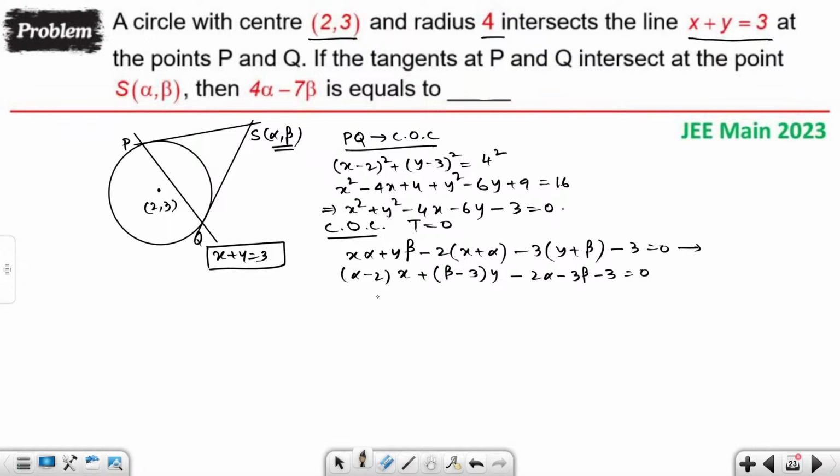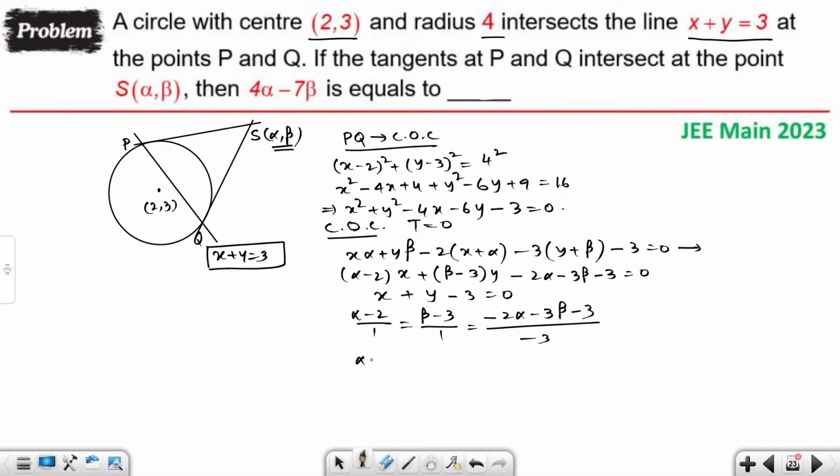Okay? So now let me compare this equation, because this is the chord of contact. At the same time, this is also the chord of contact. So let me compare the coefficients. We are having x alpha minus 2 by 1 is beta minus 3 by 1 is minus 2 alpha minus 3 beta minus 3 divided by minus 3.